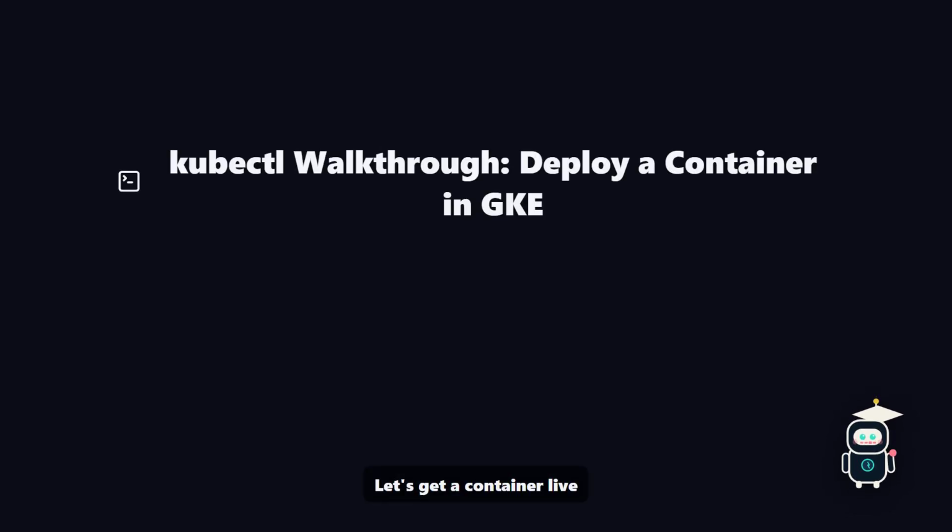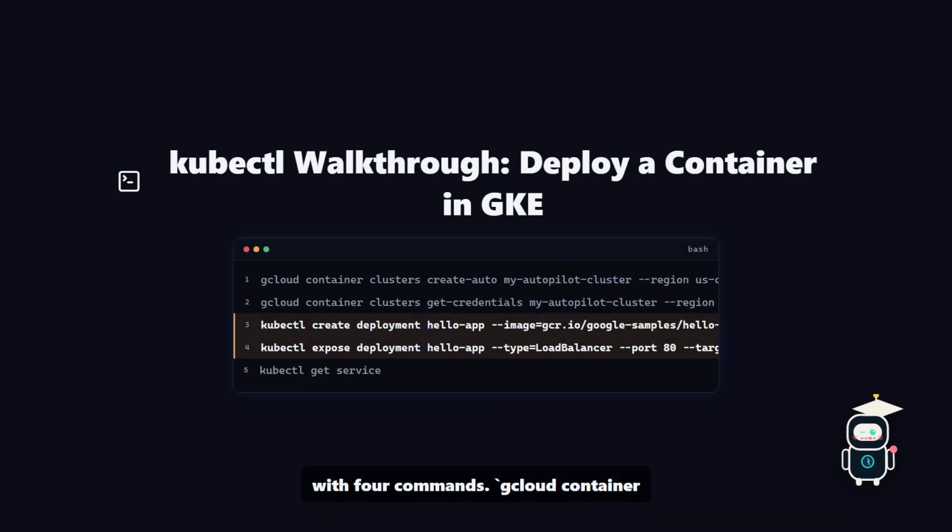Let's get a container live with 4 commands. gcloud container clusters create-auto spins up a fully managed GKE Autopilot cluster. No nodes to configure. Then, get-credentials wires your local kubectl to the cluster. The magic starts with kubectl create deployment. It pulls the Hello App container image from Google Container Registry and launches a single pod.